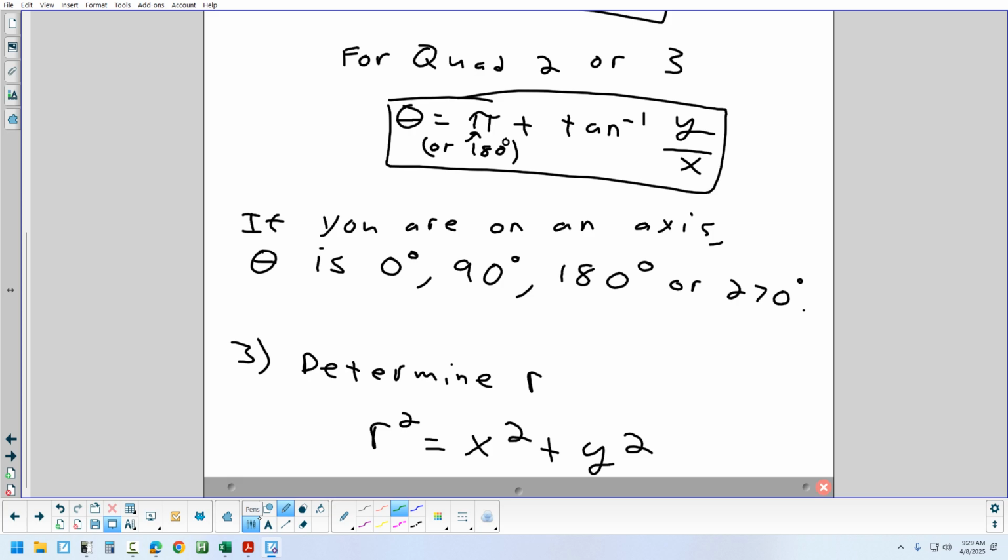Okay, and this is how you change from rectangular to polar. So in the last section we did the other way. Now we're doing rectangular to polar.